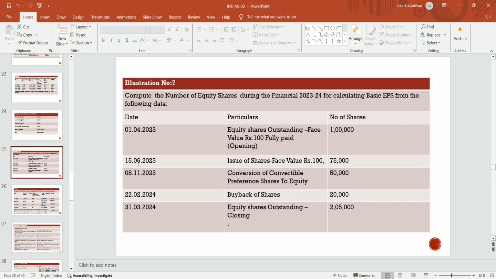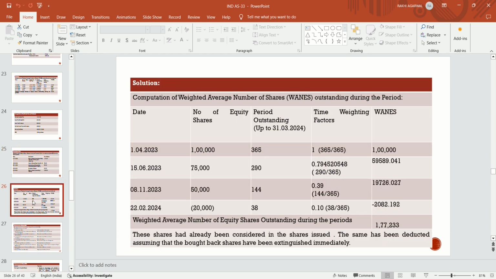Now on 15th June 2023, the entity issued a fresh issue of 75,000 shares. For the period outstanding, we will calculate the number of days from 15th June to 31st March 2024, so it becomes 290 days.